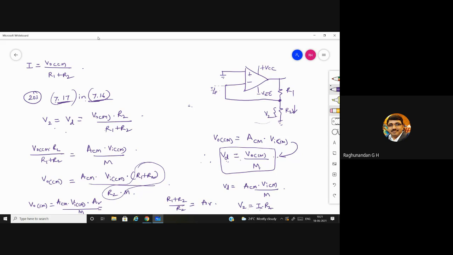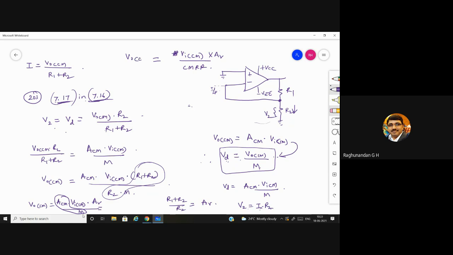Again, we have CMRR. According to the CMRR, we know that ACM and M can be combined to get the CMRR equation. So when we consider that, we get VI of CM into A divided by CMRR, because CMRR is given by the ratio of M by ACM, so we substitute that.